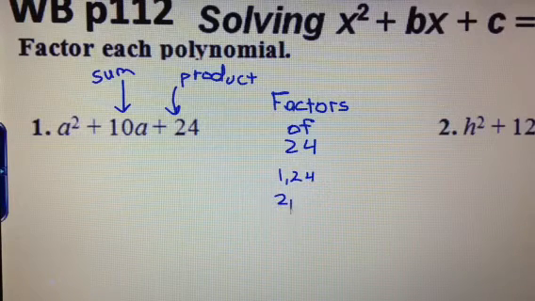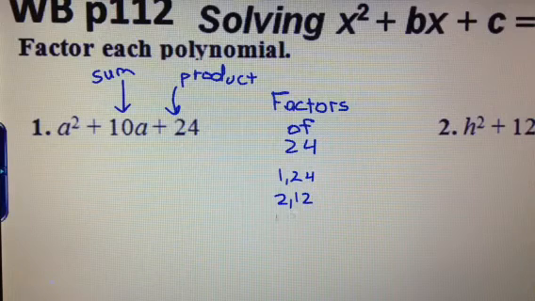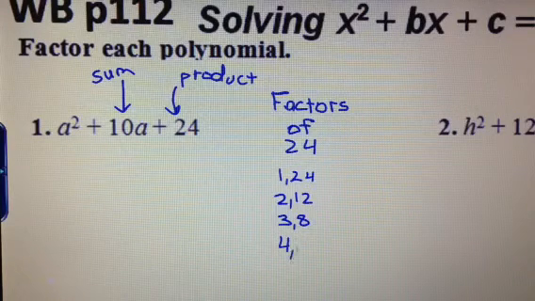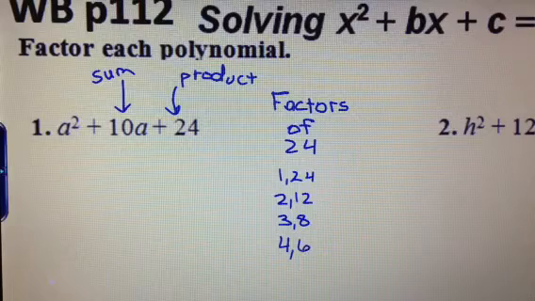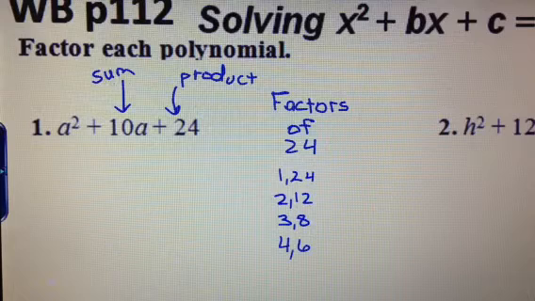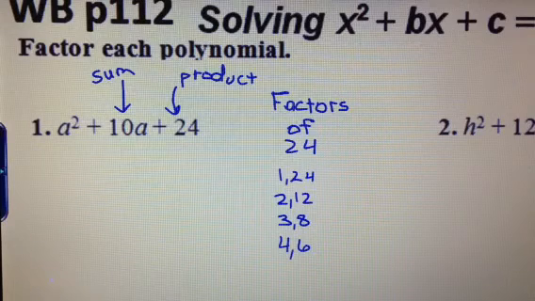We could do 2 and 12. 3 times 8. 4 times 6. And so those are the factors of 24, the numbers that when you multiply them together you get 24. We're looking for the ones that have a sum of 10. Well, that's 4 and 6.